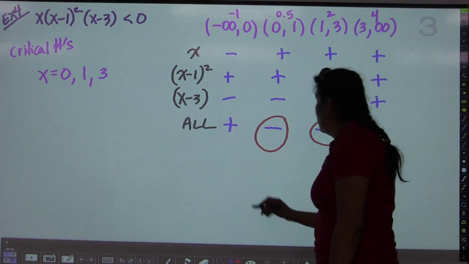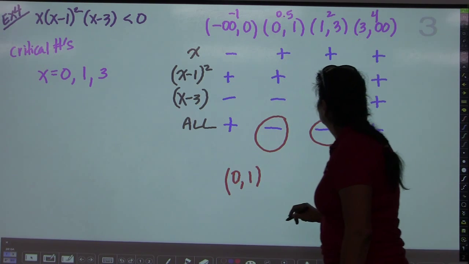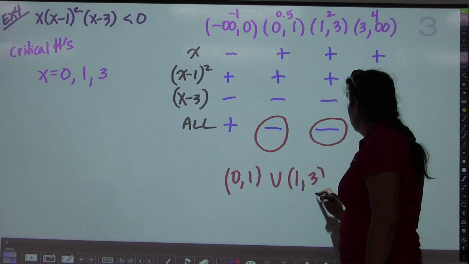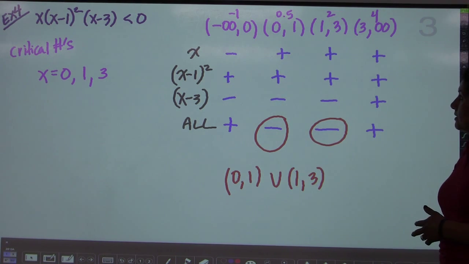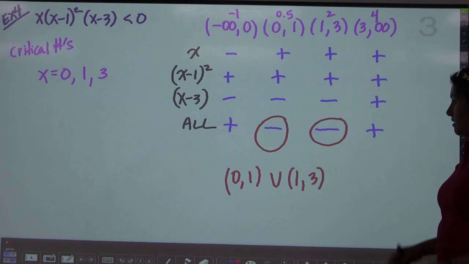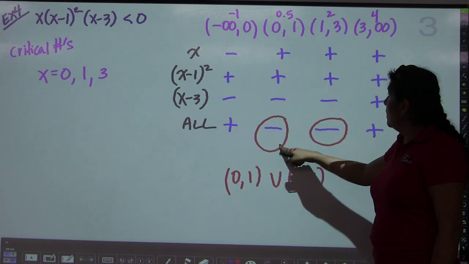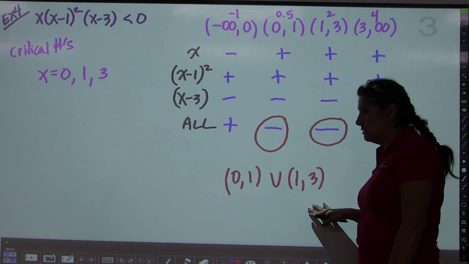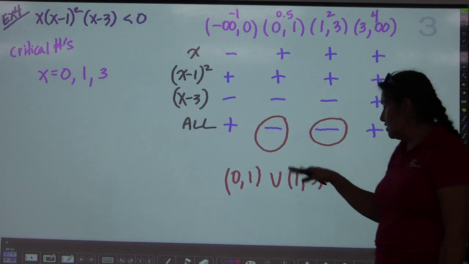So you're going to combine from 0 to 1 and then union that with 1 to 3. I have parentheses on everything because there's no equal to, so everything's going to be open. So this is from 0 to 1, this is from 1 to 3, but you don't want to include the 1, so you have to write it like this. Is that a union? Yes. It means this or that.